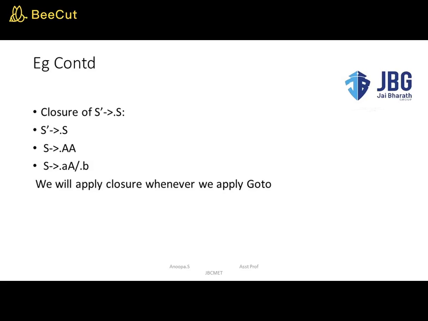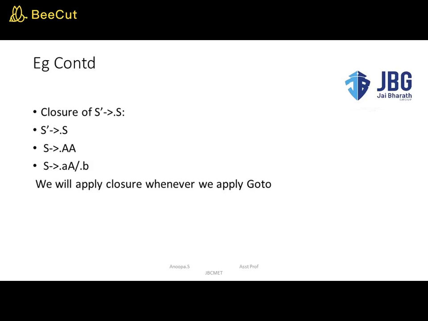That is, if there is a dot operator in our closure, then we have to check whether there is a production for the symbol to the right of the dot operator. Then add the item B giving dot gamma to closure of I if it is not already there. And we have to apply this rule continuously until there are no more new items. So let us see an example.